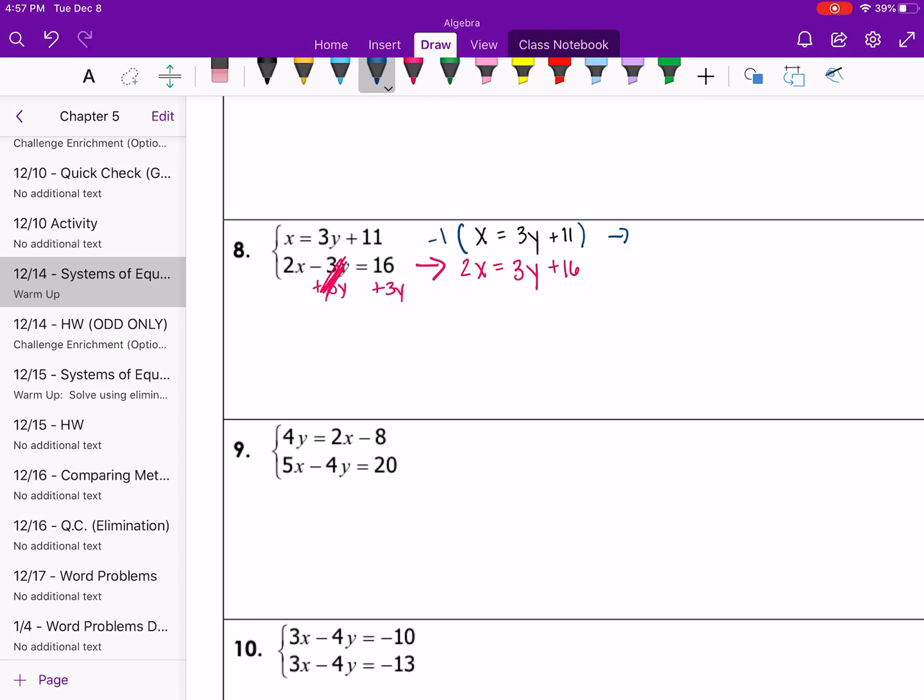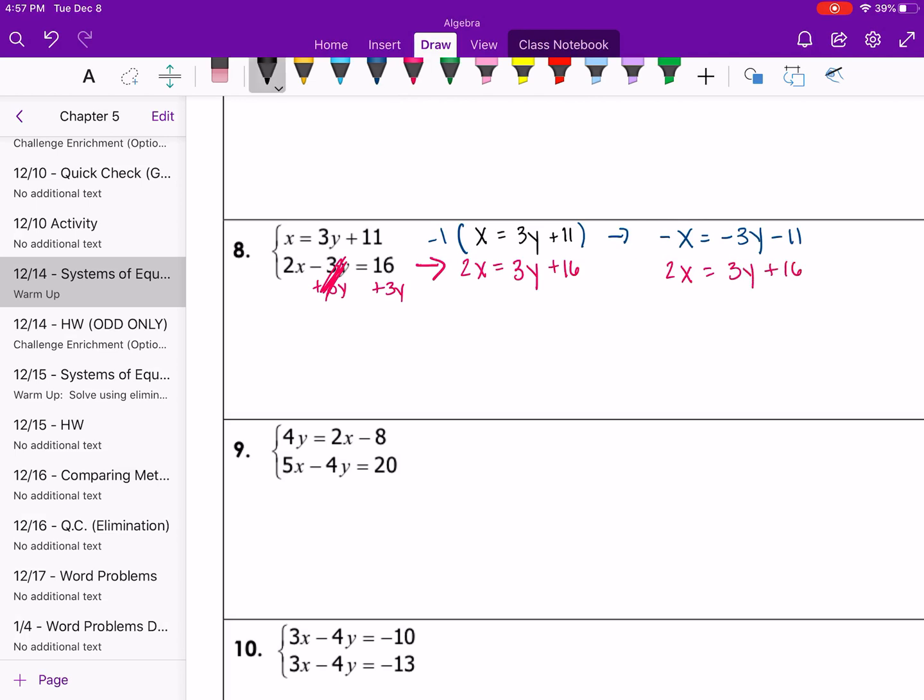So now I have negative x equals negative 3y minus 11. You could have changed that second one to make everything negative there too. It doesn't necessarily matter which one you choose. And then I'll rewrite that second one.